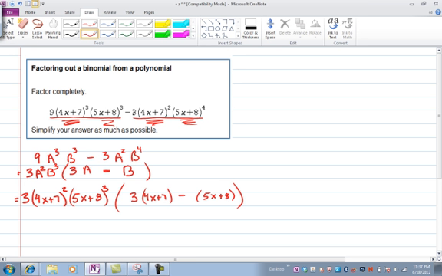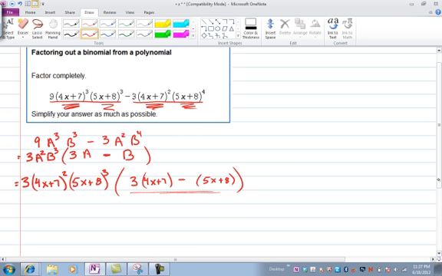And if you notice, inside here, we can clean this up quite a bit further. Little distributive property. So leave the 3 alone out front. 4x plus 7, quantity squared. 5x plus 8, quantity to the third power.